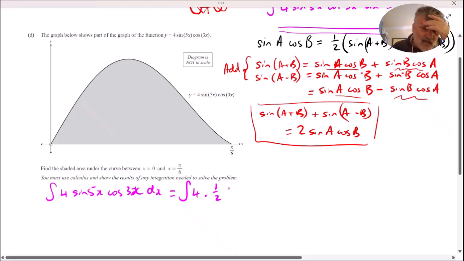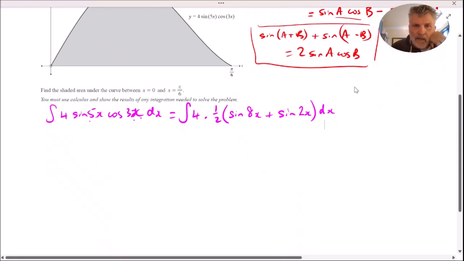The formula says that's half of the sine of the sum of these, so that's the sine of 8x, and then plus the sine of the difference, which will be 2x, 5x minus 3x, and then differentiate. Half of 4 is 2. You can take that outside.